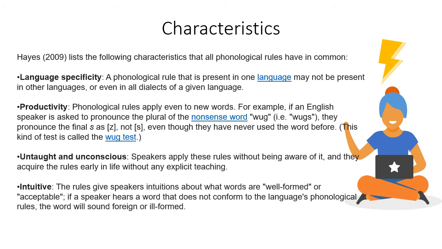Speakers apply these rules without being aware of it, and they acquire the rules early in life without any explicit teaching. And the last one, intuitive. The rules give speakers intuition about what words are well-formed or acceptable. If a speaker hears a word that doesn't conform to the language's phonological rules, the word will sound foreign or ill-formed.